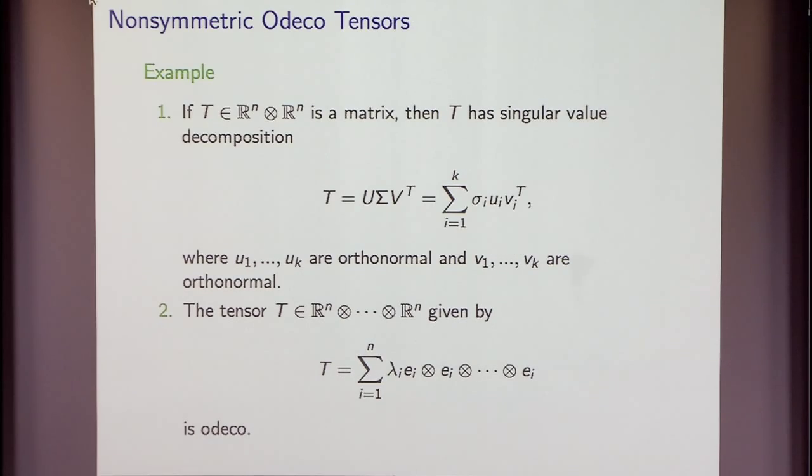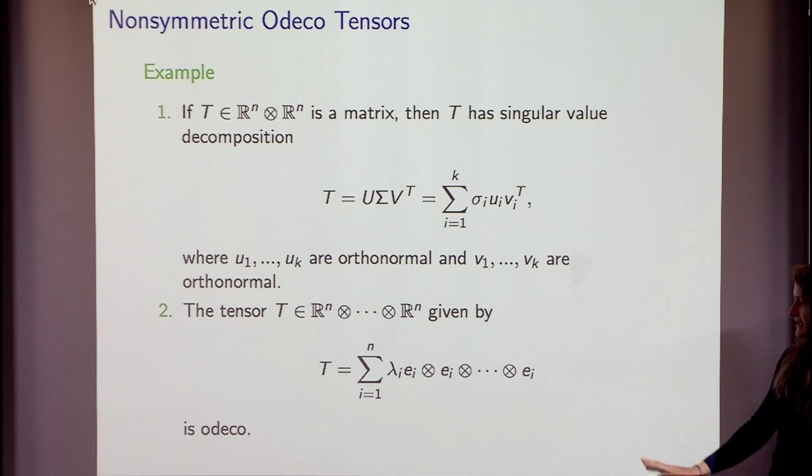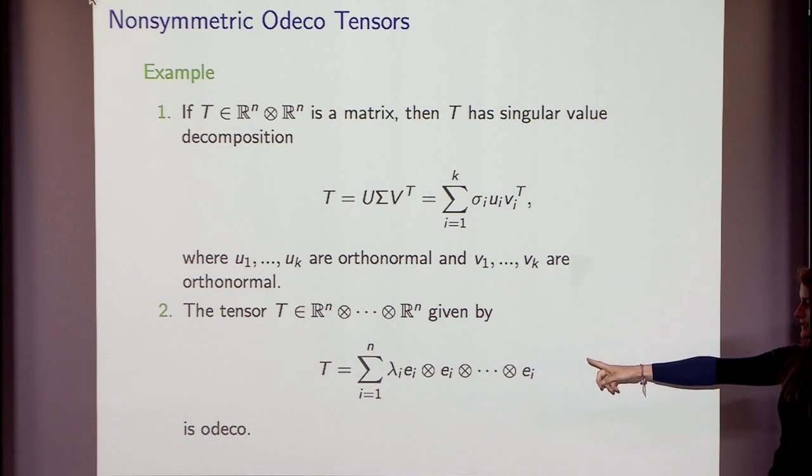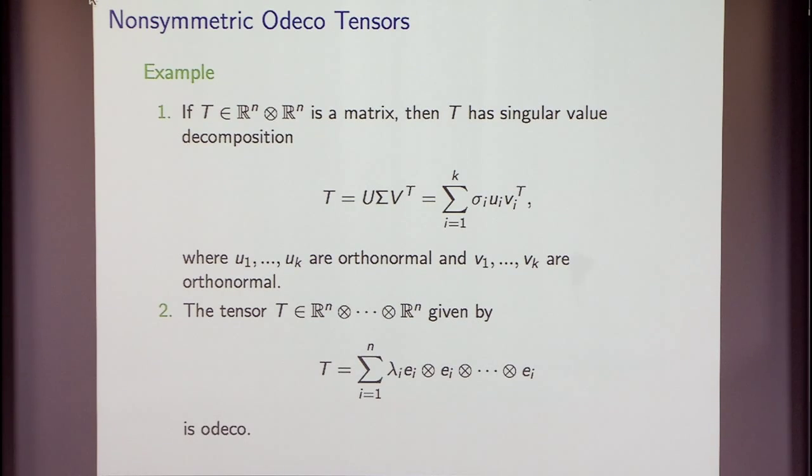Again, for matrices, if we take a real n by n matrix, we know it has a singular value decomposition, U sigma V transpose, where the u_i's are orthonormal and the v_i's are also orthonormal, and the sigmas are the singular values of the matrix. And the other simplest example would be the same as before, but now we think of it as non-symmetric: sum i from 1 to n of lambda_i, e_i tensor e_i tensor e_i, and so on. So that's orthogonally decomposable.